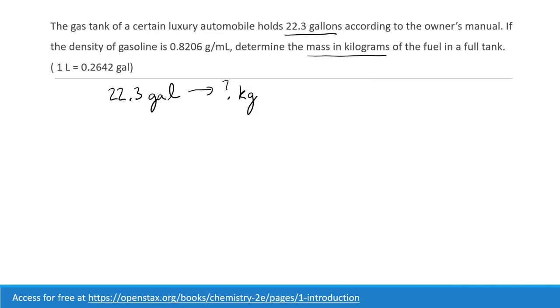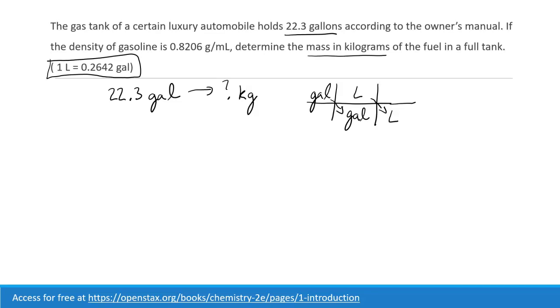Okay, the first conversion factor that I need has to include gallons, and that is our equality between liters and gallons. So the units of gallons will go on the bottom of the conversion factor, liters on top. Next, I want the liters to cancel.